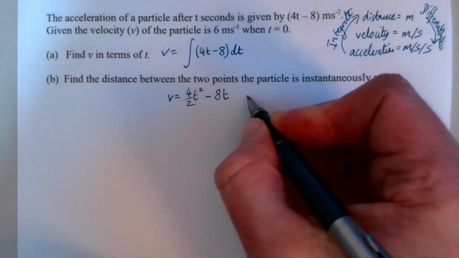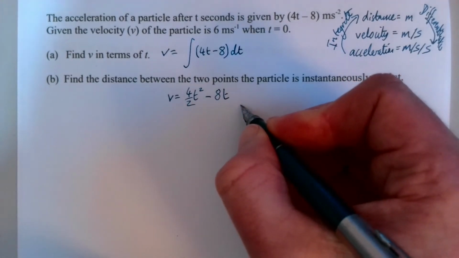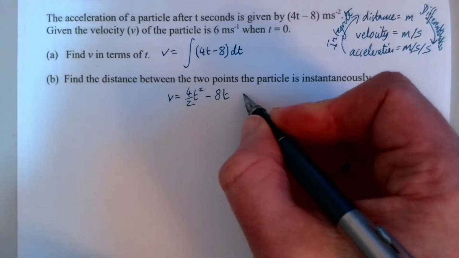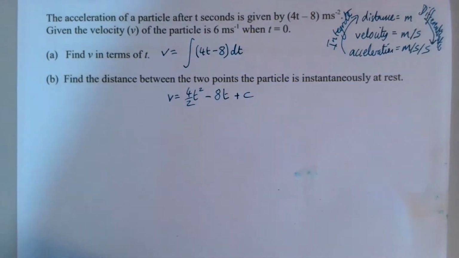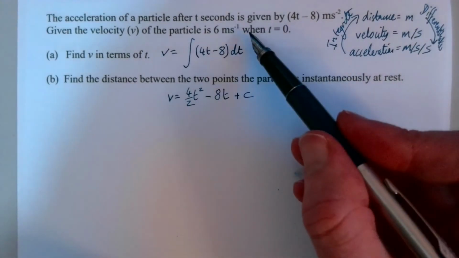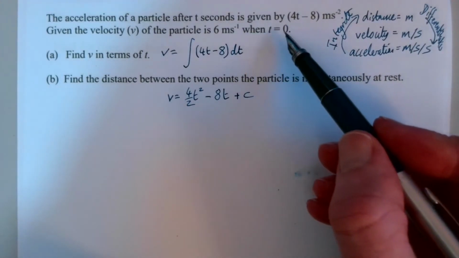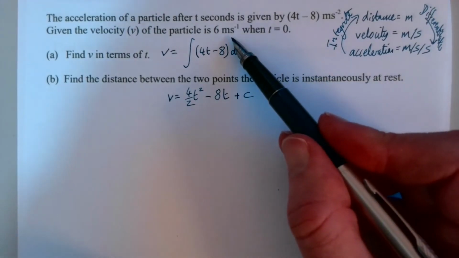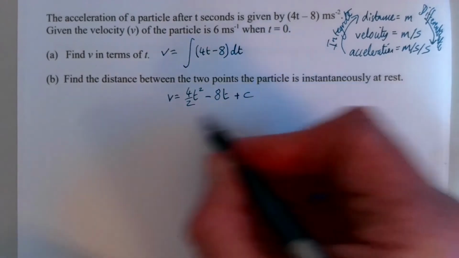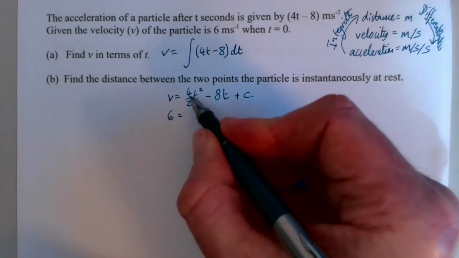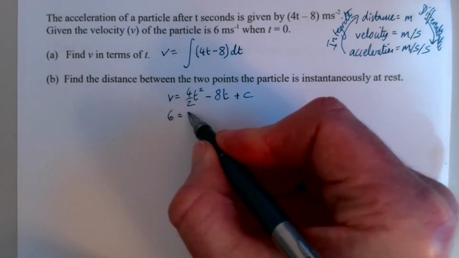And because when you are differentiating, any constants get dropped, we have to acknowledge the fact that there may be a constant there. So that is v in terms of t initially, but then we are told that the velocity when t is equal to 0 is 6. So when v is 6, I'm going to just tidy this up a bit.